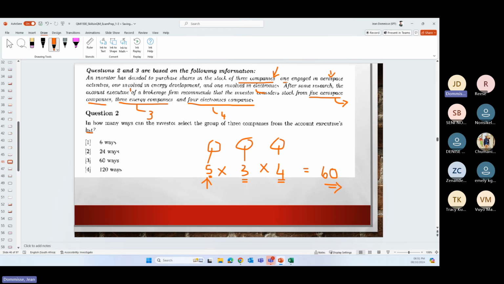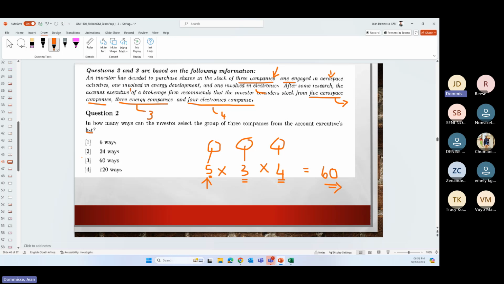They said one must be engaged in aerospace. Aerosmith. Aerospace. That gives away my age as well. There are only 5 in aerospace. Then you must pick 1 from energy, and there are only 3 in energy, and 1 from electronics, and there are only 4 in electronics.